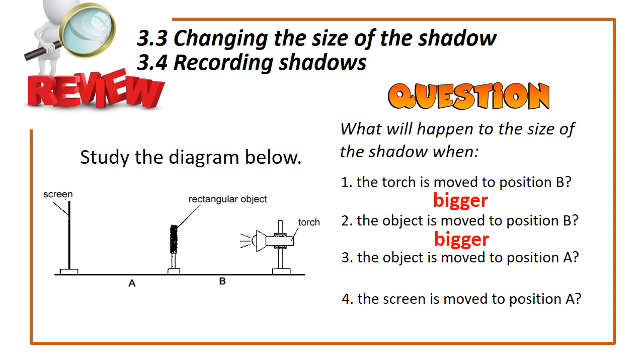Next, the object is moved to position A. The size of the shadow will be smaller. We have the screen moved to position A. The size of the shadow is also smaller.